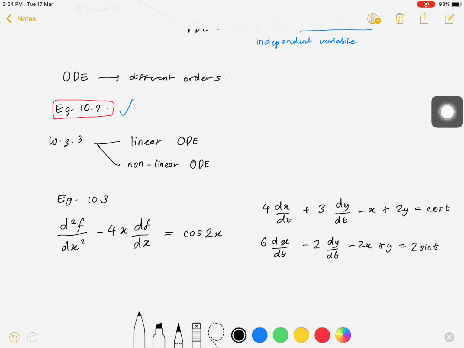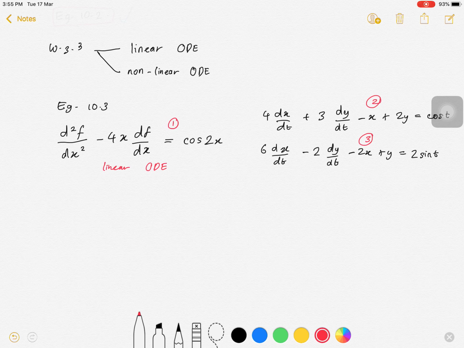Okay, all of these equations, equation 1, equation 2 and equation 3, all of them are linear ODE.